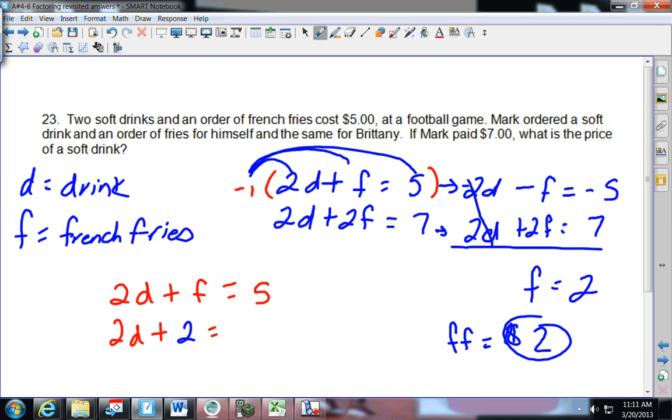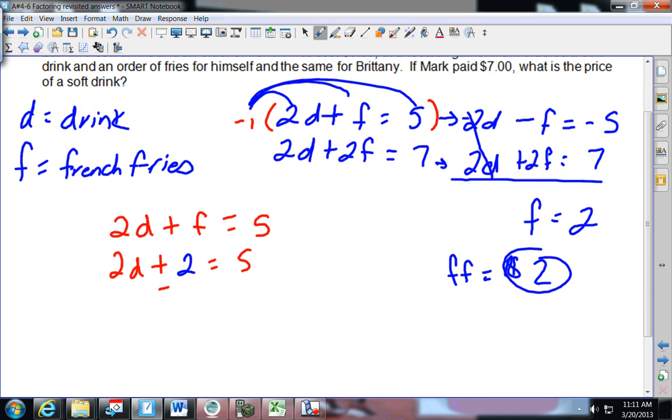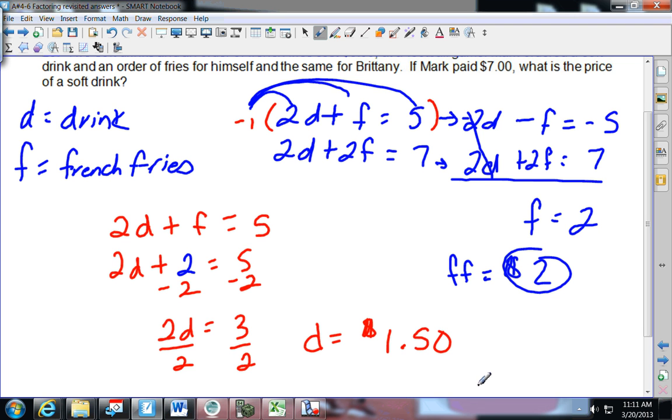And that equals 5. So I'm going to subtract 2 from each side. 2 drinks equals $3. Divide that by 2. You should have gotten that the drink equals $1.50. That's all review from what we've done in the past.